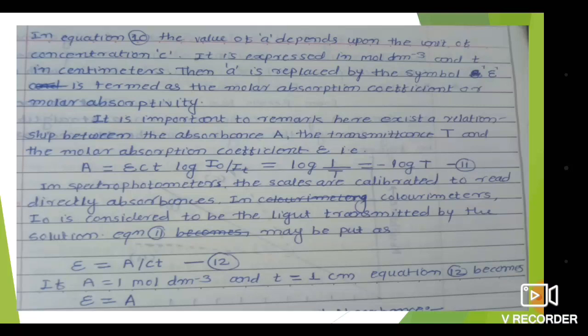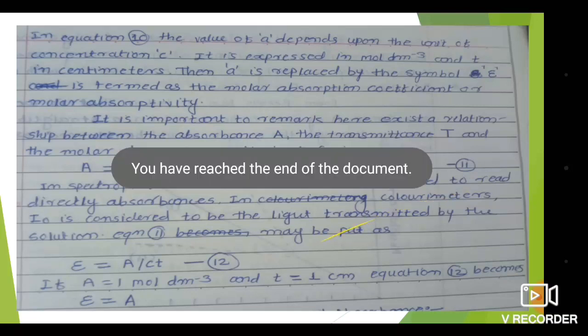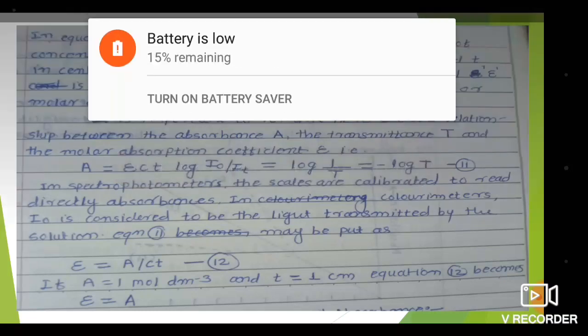If C is equal to 1 mole per dm cube and T is equal to 1 centimeter, then equation 12 becomes epsilon is equal to absorbance. So epsilon is nothing but molar absorptivity, which is directly proportional to the absorbance of the solution.